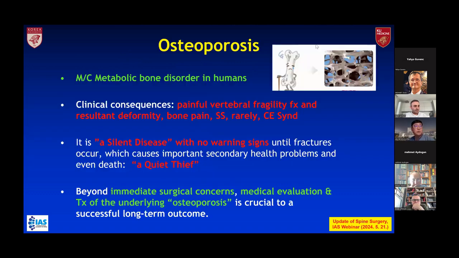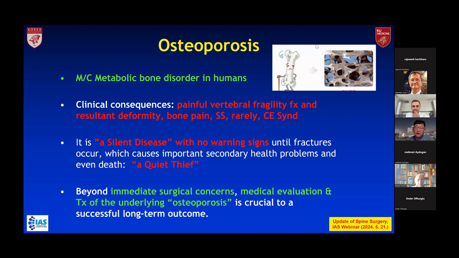Regarding osteoporosis, we know that this is the most common metabolic bone disorder in humans. Some patients have no symptoms. But when a fracture happens, the patient may feel pain, fragility fracture, sometimes deformity, bone pain, and sometimes spinal stenosis from the fractured fragment, and very rarely Cauda Equina syndrome can happen.